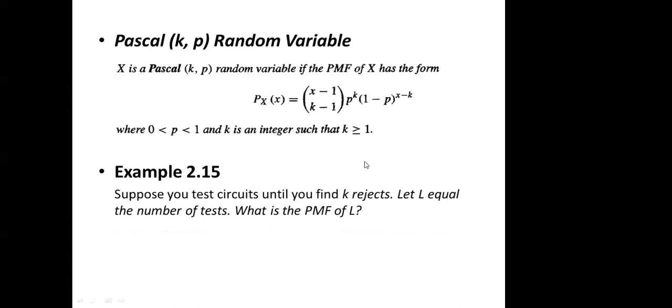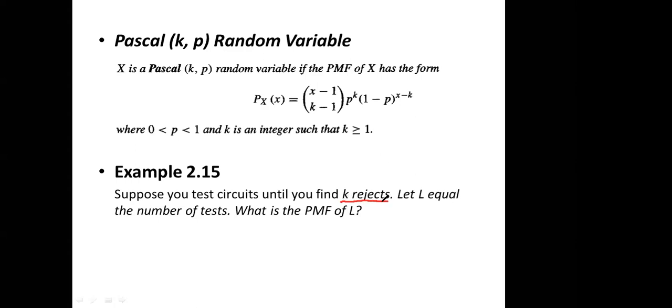Example 2.15. Suppose you test circuits until you find K rejects. Let L equal the number of tests. So what are we doing here? We are talking about this K rejects.